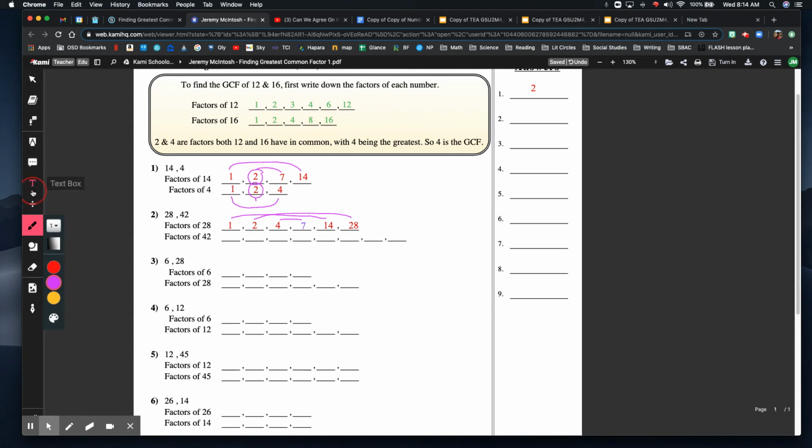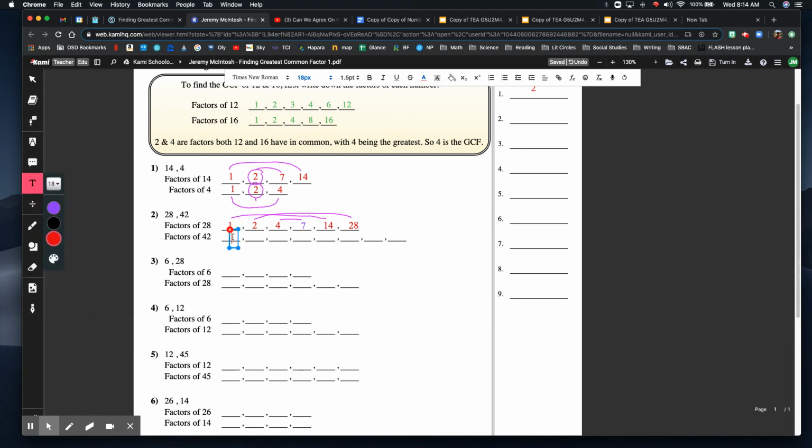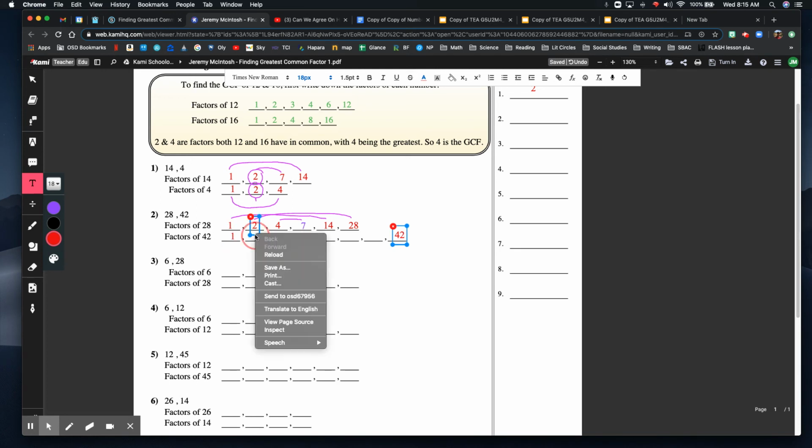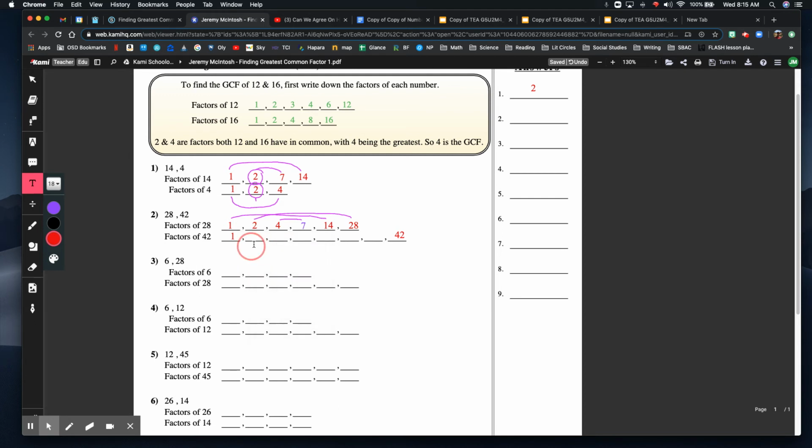All right, let's see what we can do with 42. We're going to start with 1 and 42, of course. All right, and I know 42 is an even number, so I can go 2, and half of 42 is 21, so 2 times 21.